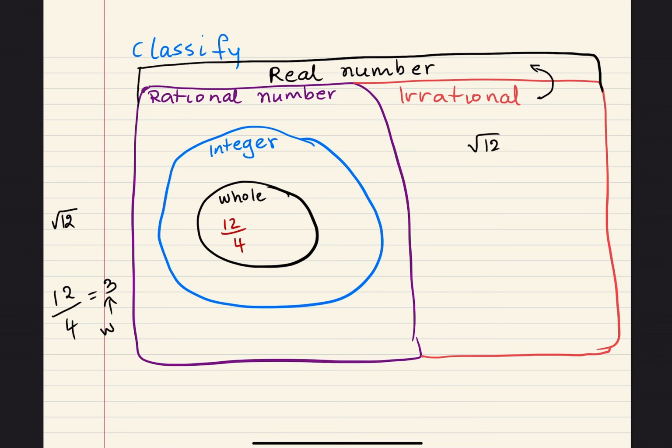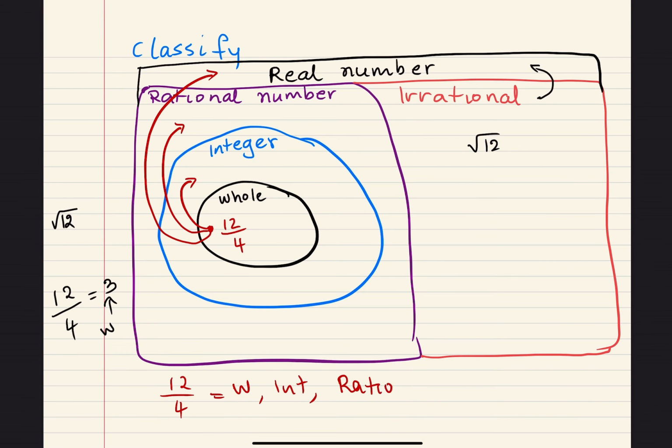If it belongs to whole, you can say this belongs to integer and this belongs to rational. That means this belongs to real numbers. So you can say 12 over 4 is a whole number, integer, rational and real.